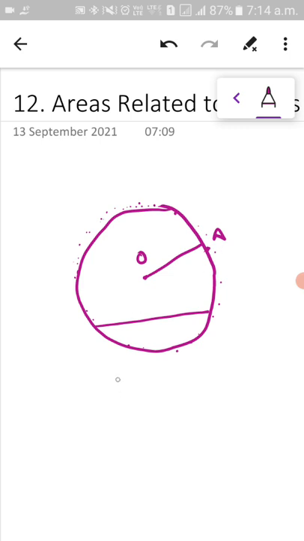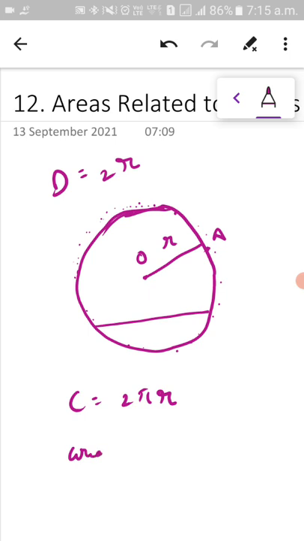Radius we denote by r, and we know diameter is twice the radius, circumference of a circle is 2 pi r, and area of a circle is pi r square. So this all we have read in our earlier class, that was 9th class.